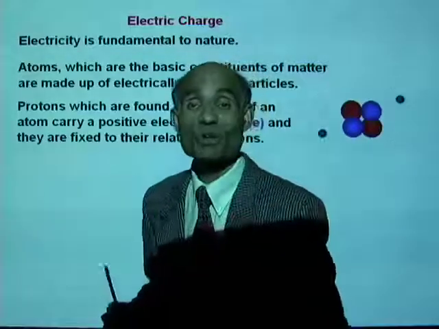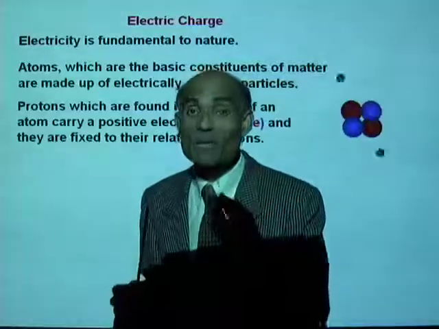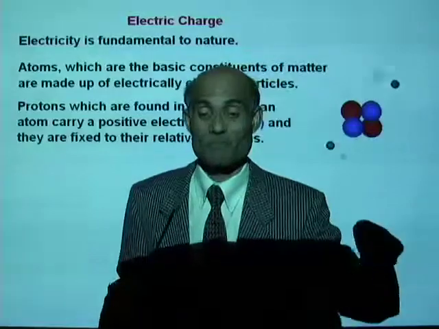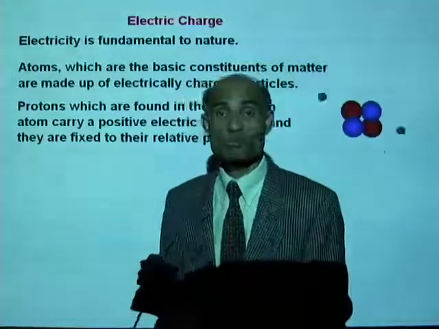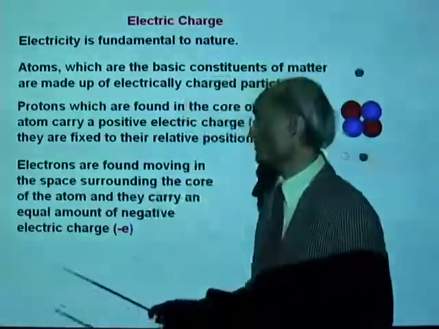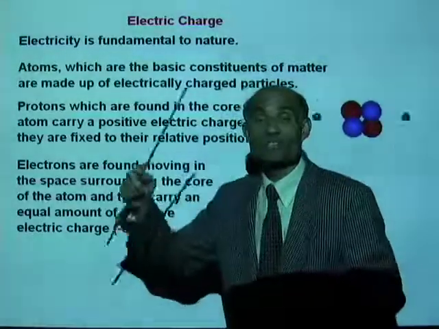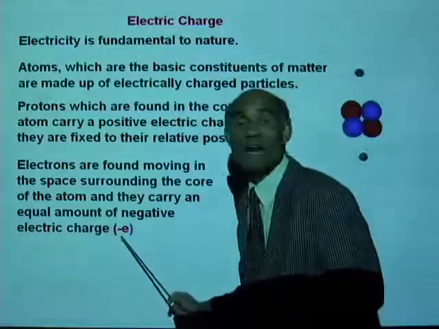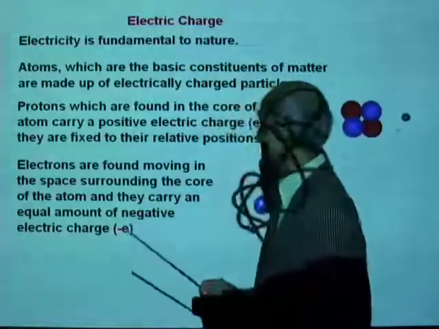So, when we talk about motion of electric charges, we actually mean motion of negatively charged electrons. Alright? Positively charged protons are fixed to their relative positions and they do not move. Electrons are found moving in the space surrounding the core of the atom, and they carry an equal and opposite amount of charge, negative e.